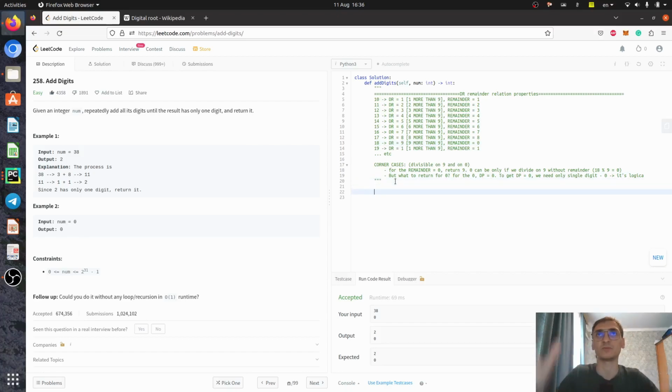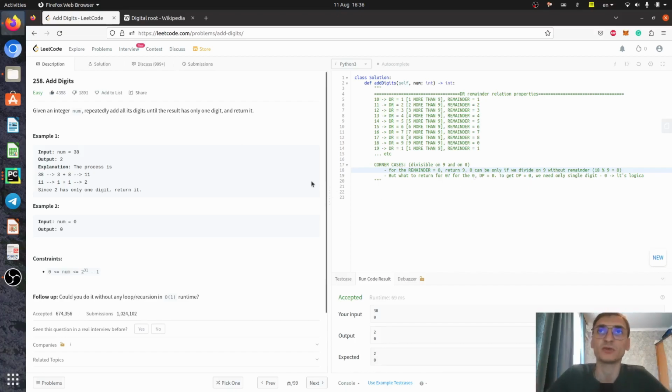This is just a simple property of taking the remainder. But for the number 0 itself, if 0 is 0, we have to return 0. This is simple, because if we have the number 0, it has only one digit, 0, and even if we sum 0 with 0, we get 0. It's just all about 0.